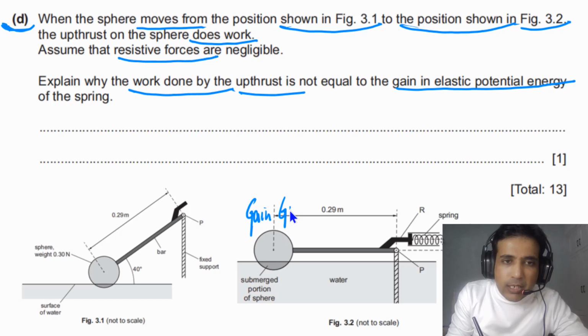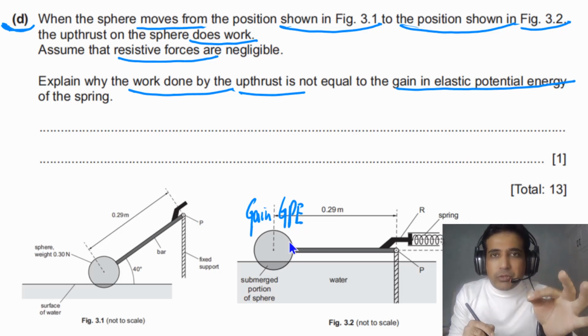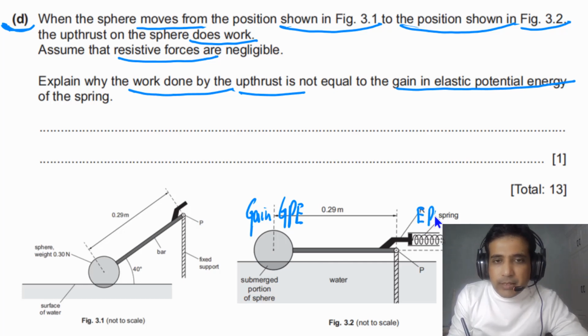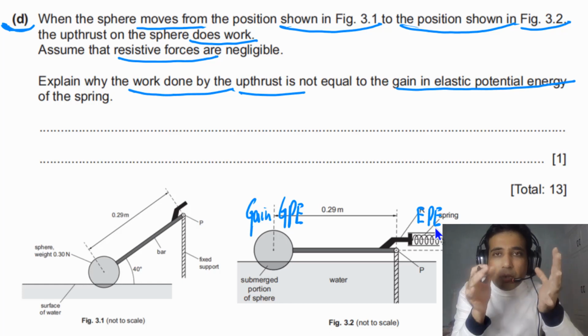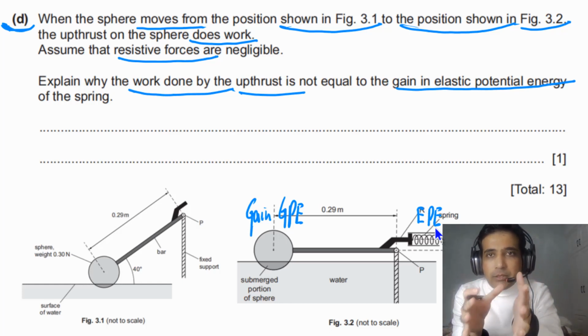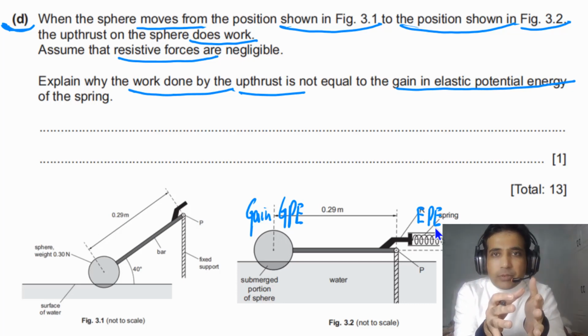So some of the work done by the upthrust is used to increase the gravitational potential energy of the sphere, and some of the work done by upthrust is used to increase EPE, the elastic potential energy of the spring. So that's the reason the work done by upthrust is not equal to the gain in EPE, because some of the work has been done to increase the GPE of the sphere.